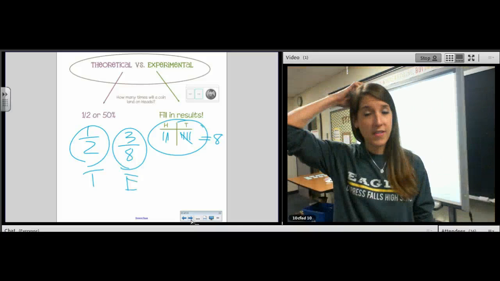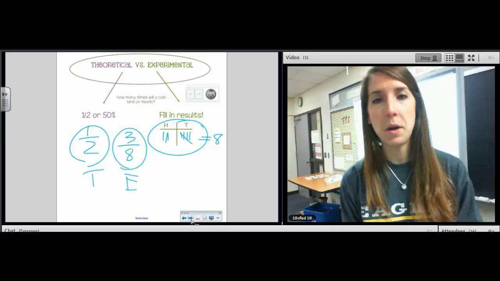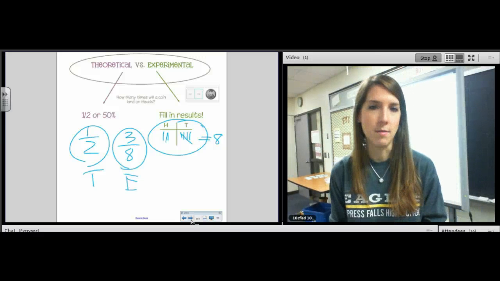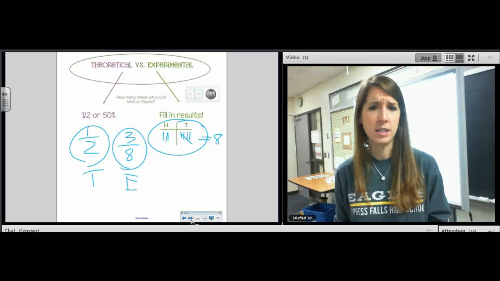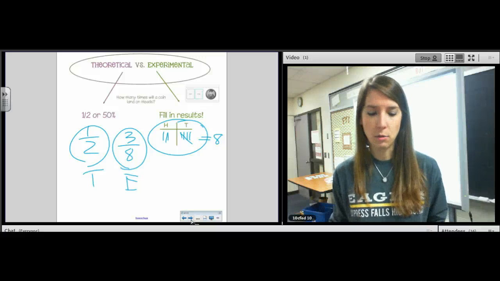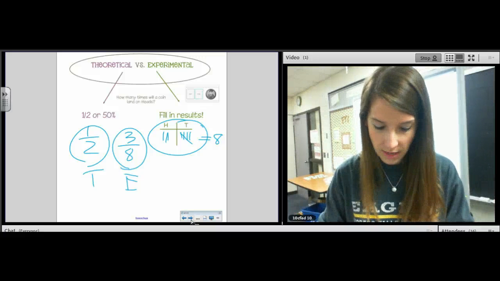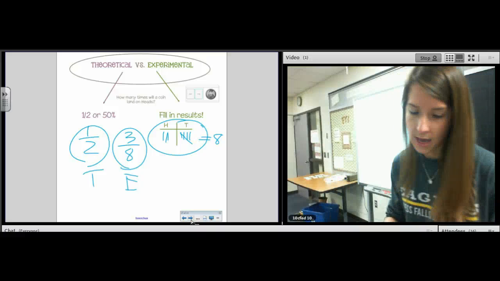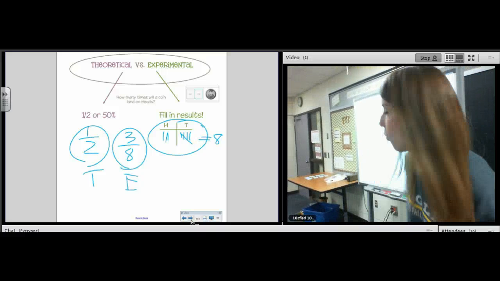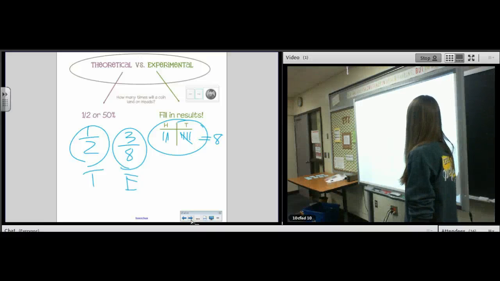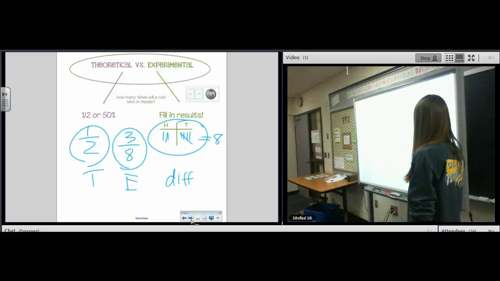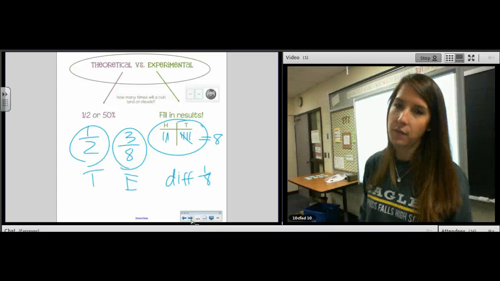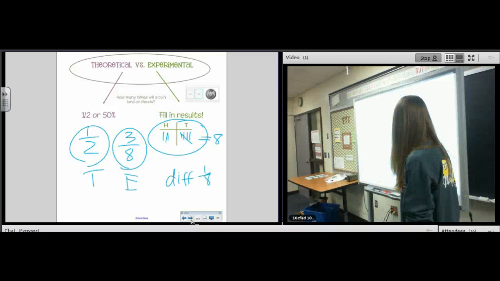If I asked you to find the difference in the theoretical and the experimental, you would simply subtract them, the larger minus the smaller. So 1/2 minus 3/8 gives us 1/8. The difference in the two is 1/8. So a very small difference because I was almost perfect.